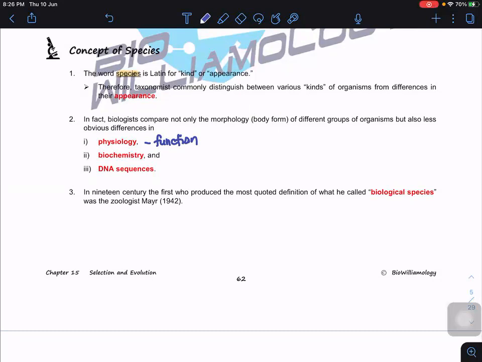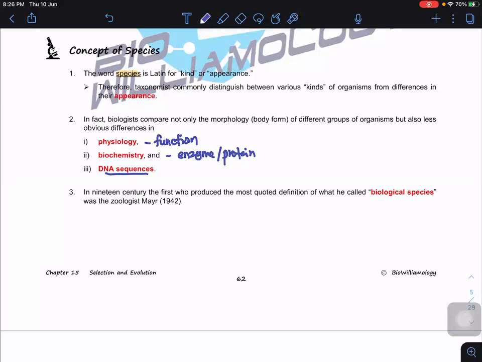Biochemistry, in terms of the enzymes and proteins, are they the same or not? And also the DNA sequences. Based on the DNA, ours is ATCG and CGAG, for example, and we compare with the monkey, how many differences? If the variation is too huge, the difference may be categorized as two different species.